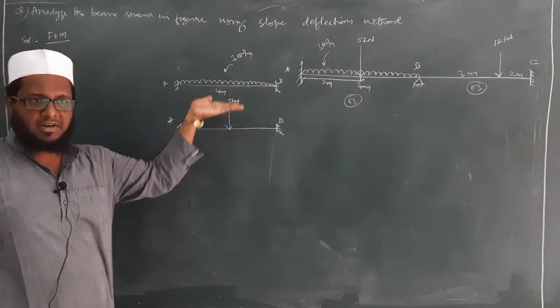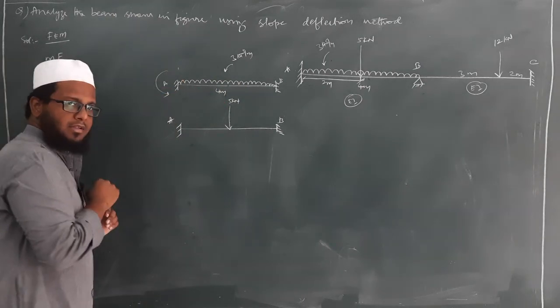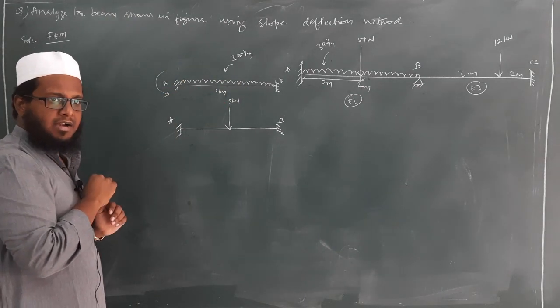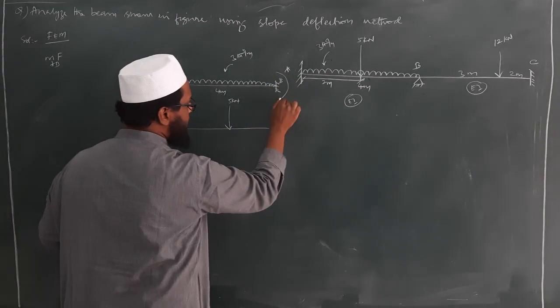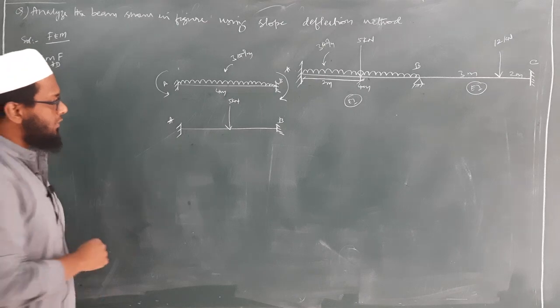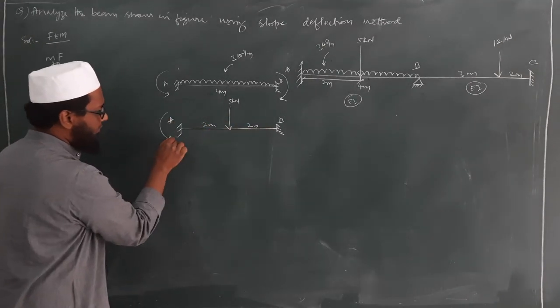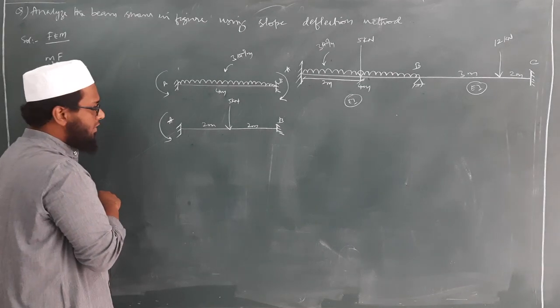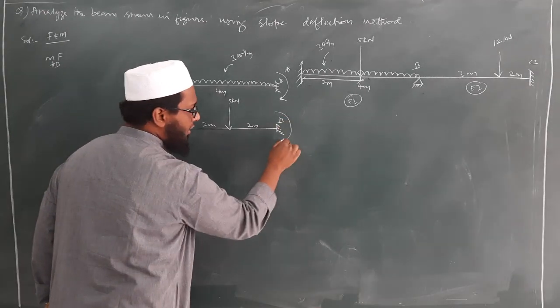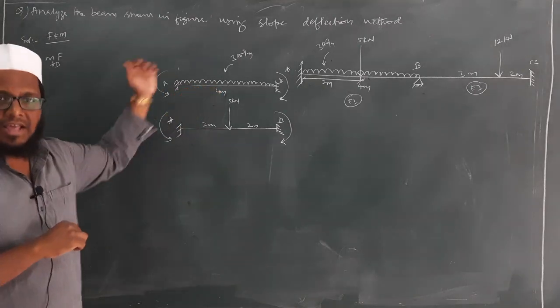My beam will get deflected in downward direction. So because of that, the support will create an anti-clockwise moment at A and a clockwise moment at B. Similarly, because of this point load, there will be an anti-clockwise moment at A and a clockwise moment at B.